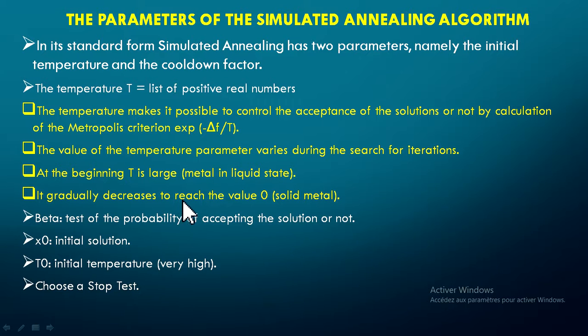When we gradually decrease the temperature to reach the value 0, the metal becomes solid. Beta is a parameter which means the test of the probability of accepting the solution or not. X0 is the initial solution, T0 the initial temperature, very high at first, and then it decreases to reach the value 0. And we choose a stop test.